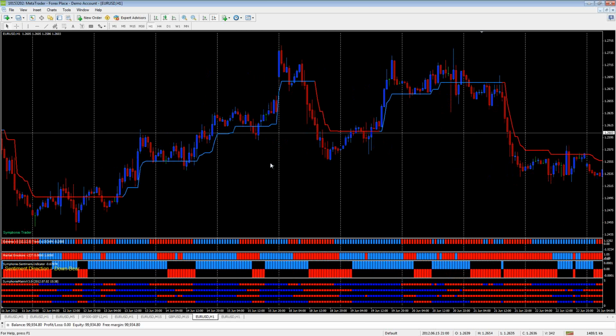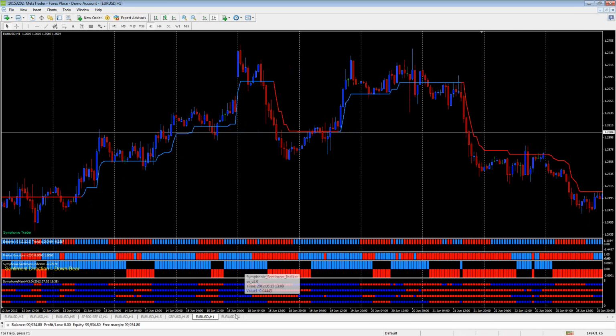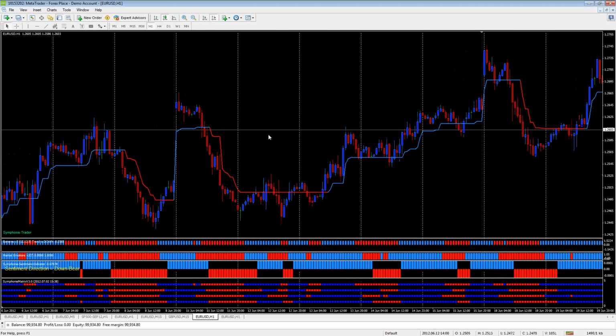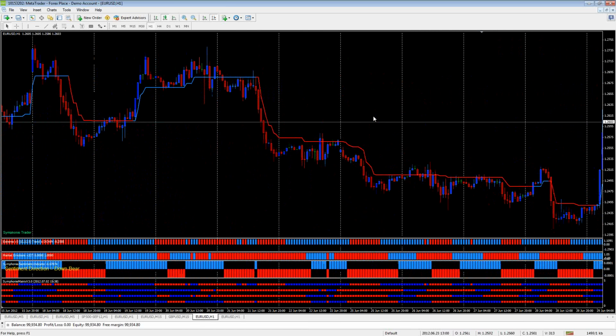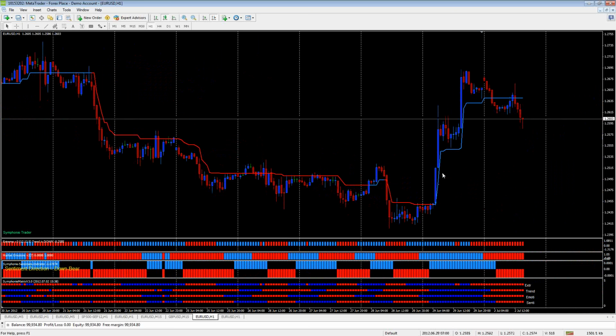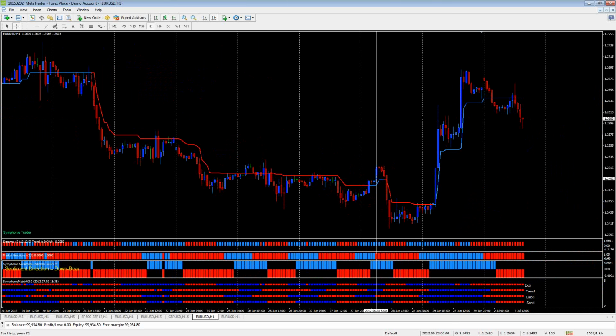Or vice versa, if the price is below and the trend line is blue, probably you shouldn't look for any signals, unless you're more aggressive and you want to look at this indicator here below, and you have an agreement. But go with the price and the trend line. Below the trend line, look for short positions. Above the trend line, look for long positions, preferably with the trend line at the same color.